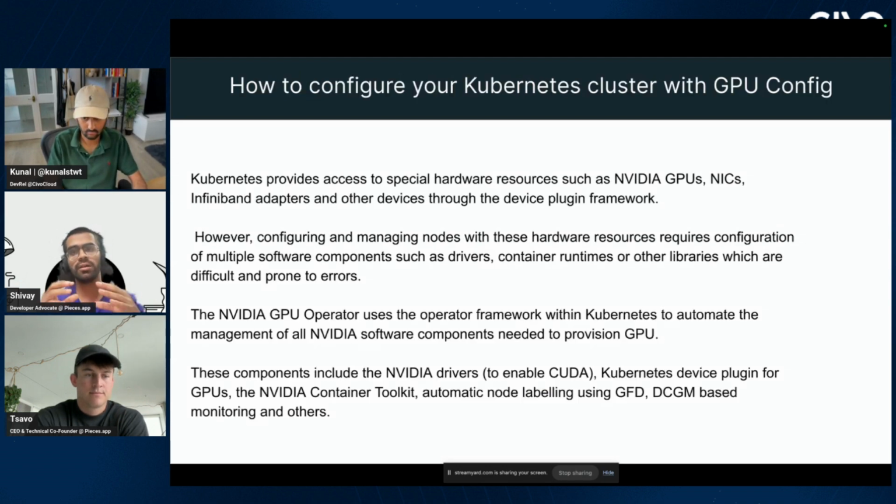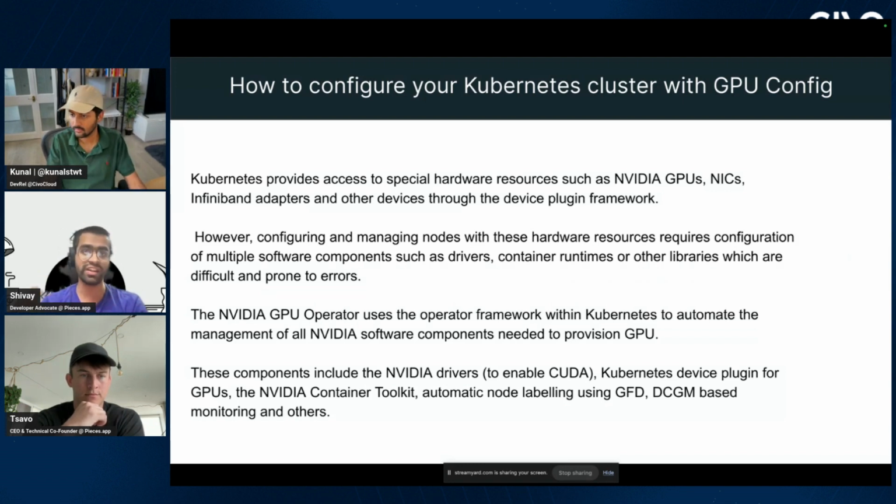Now, of course, when you're setting up a Kubernetes cluster with the GPU config, you essentially need to install the GPU operator on top of the Kubernetes cluster. And in case you're using the NVIDIA side of things, then you have to install the NVIDIA drivers, which will have the NVIDIA container toolkit.